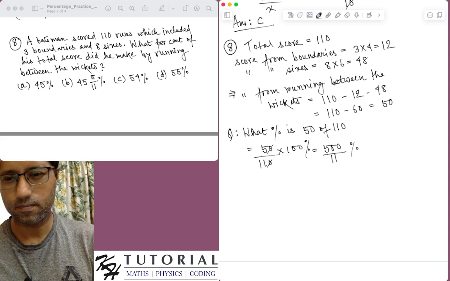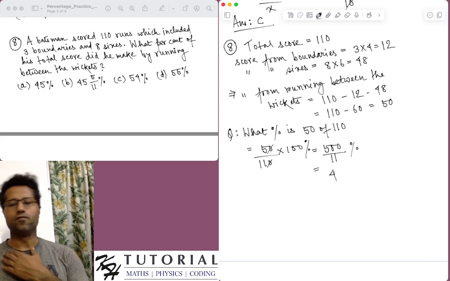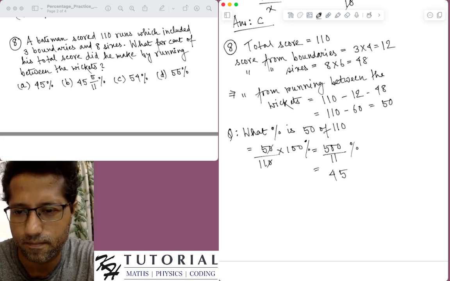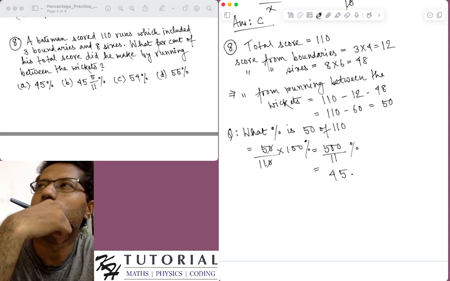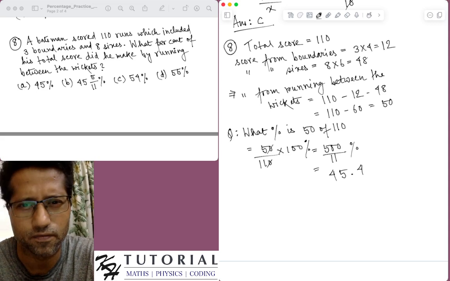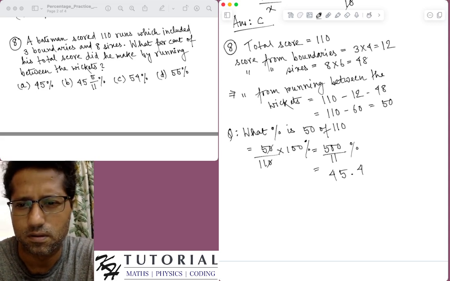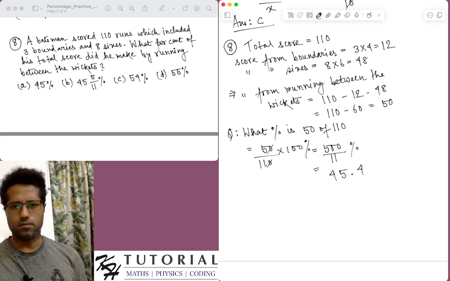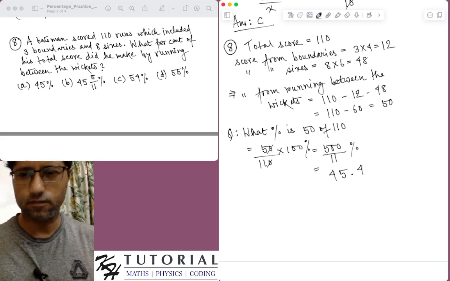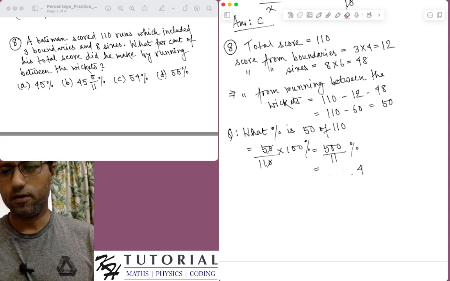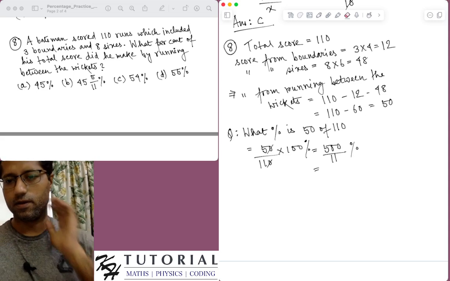percent. So let's try to express 500 by 11 as a mixed fraction.